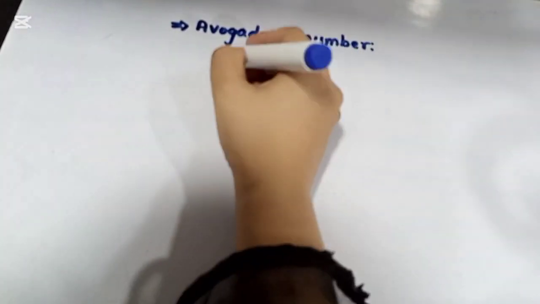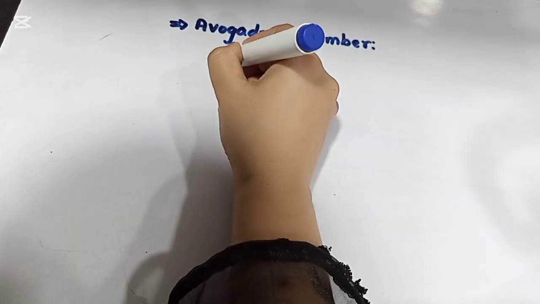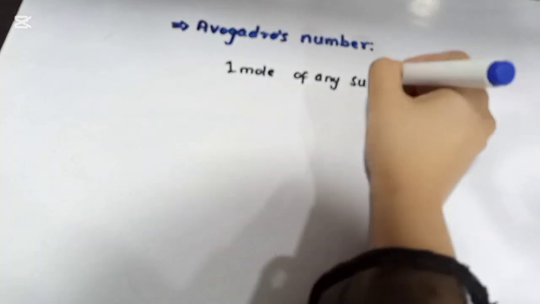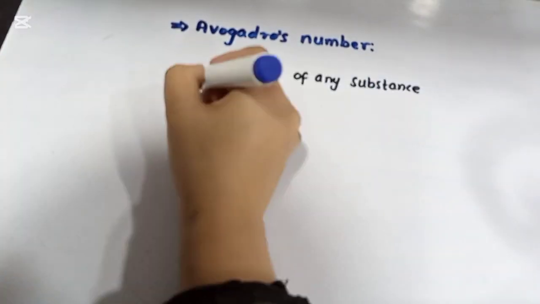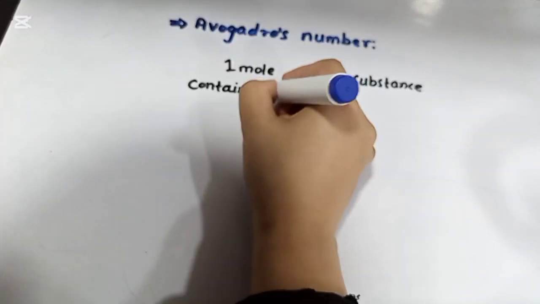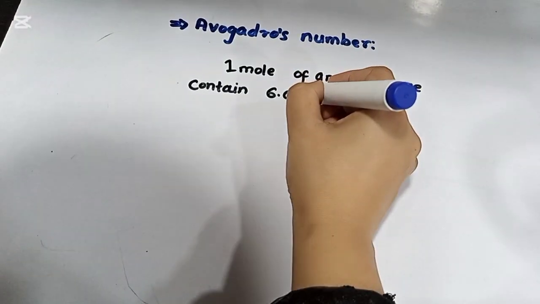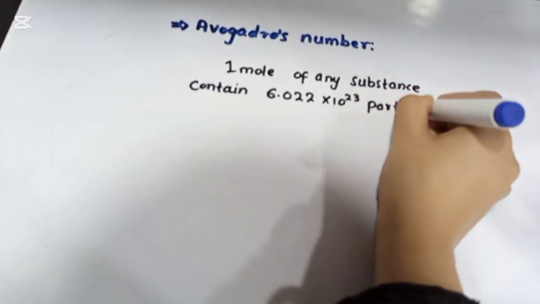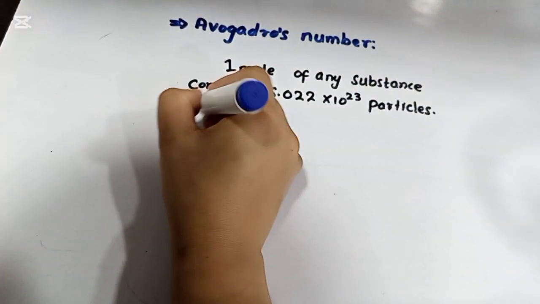It is that 1 mole of any substance contains 6.02 × 10^23 particles.